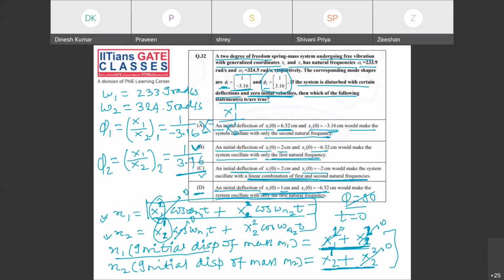Now they didn't ask exactly what will be the equation. They just ask, is this correct or not? So finally, what we can say from here, it depends on the initial condition. Your system vibrates with first natural frequency or second natural frequency or with combined mode. Clear? Is this point clear what I am saying? It depends on the initial condition.